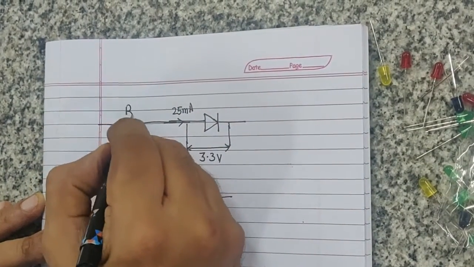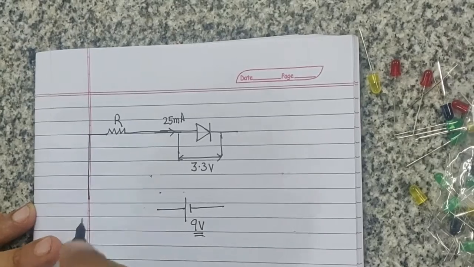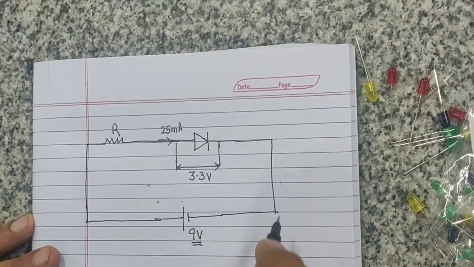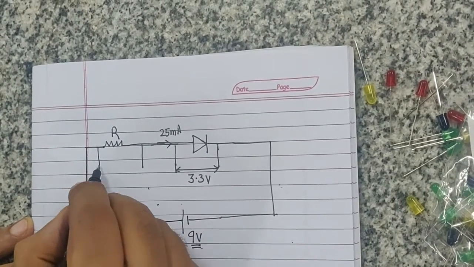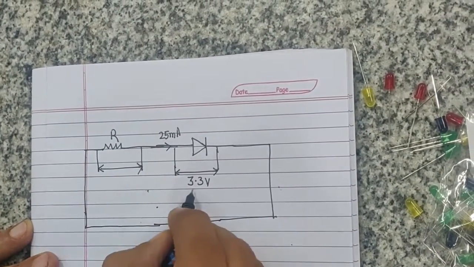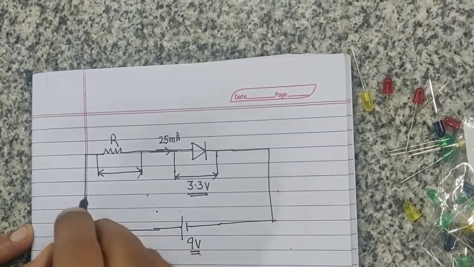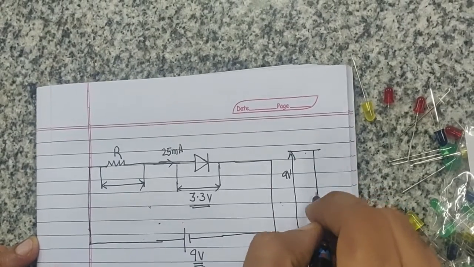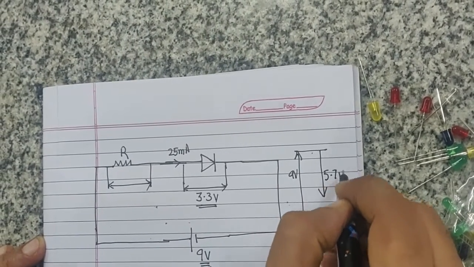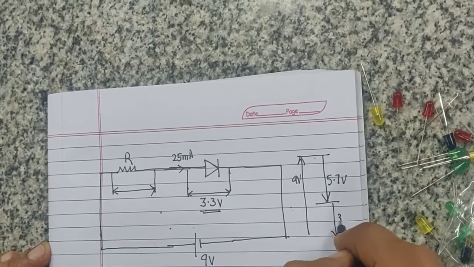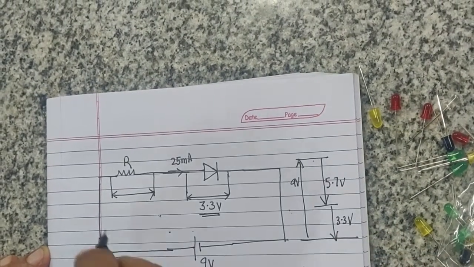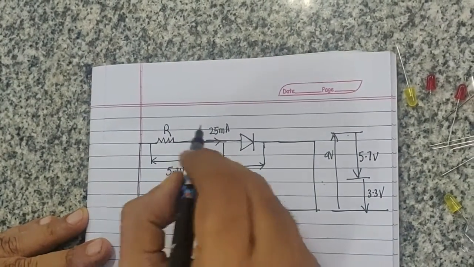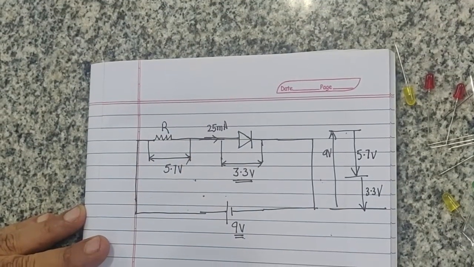We don't know the value of this resistor yet. We want a drop of 9 minus 3.3, which is 5.7 volts across R, and 3.3 volts across the LED. That's the potential diagram. The current in the circuit should be about 25 milliamperes.